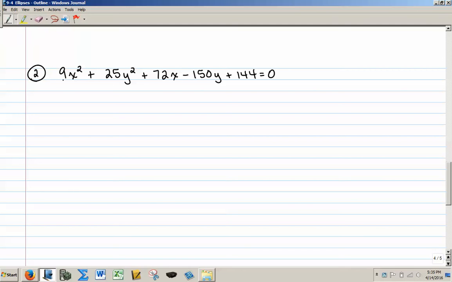So the first thing I'm going to do is separate it out a little bit, put my x's together.